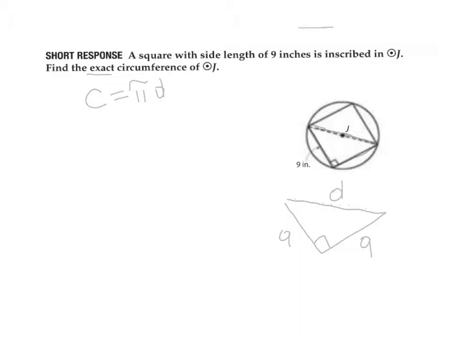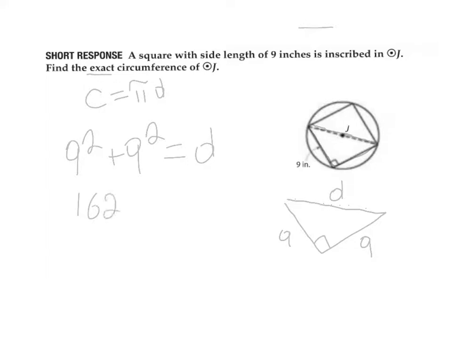Because we knew that in a 45, 45, 90, the hypotenuse was x radical 2. So this diameter would be 9 radical 2. But let's say you forgot it. You can do the long way. Use Pythagorean theorem. 9 squared plus 9 squared is equal to D squared. 9 squared is 81. 81 plus 81 is 162.